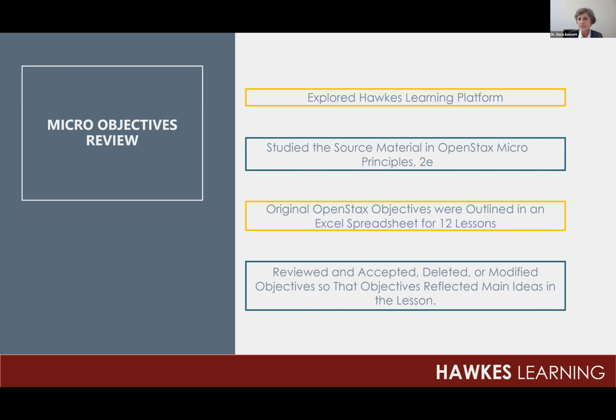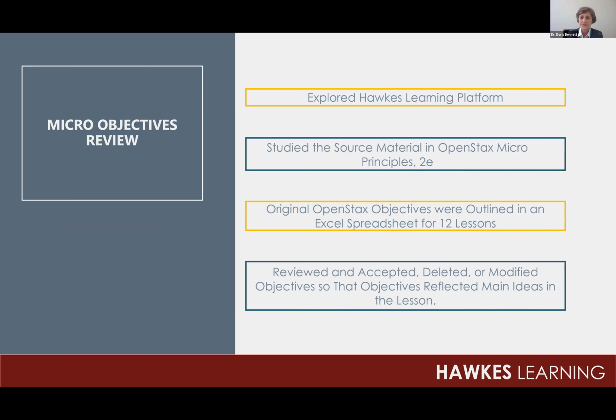The material for the Hawks Micro principles is heavily based on OpenStax's Microeconomics Principles, 2nd edition. OpenStax is a nonprofit organization that provides free peer-reviewed textbooks for anybody who wants to use them. I was not real familiar with OpenStax, so I studied the chapters where my objectives were from.